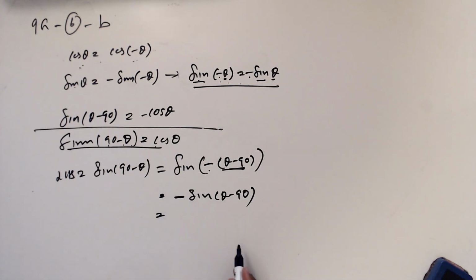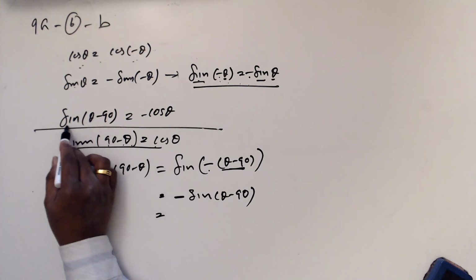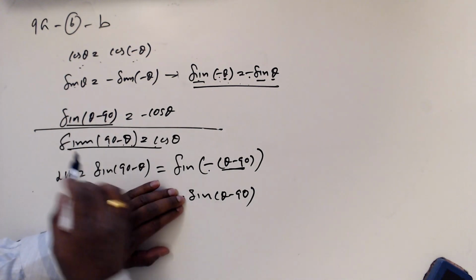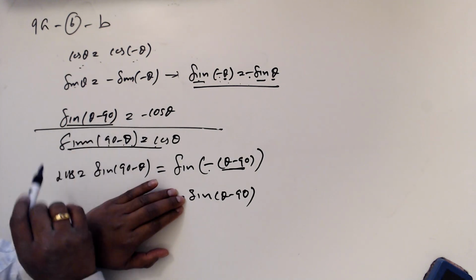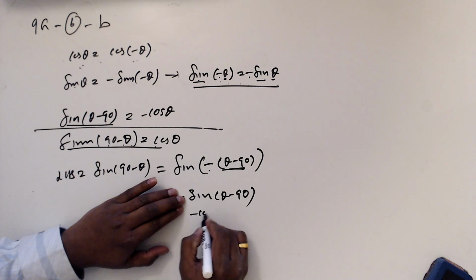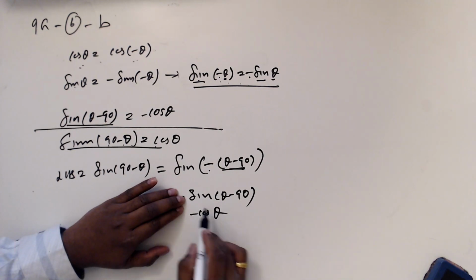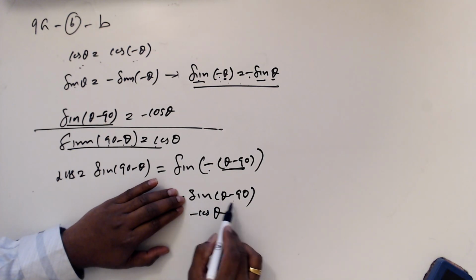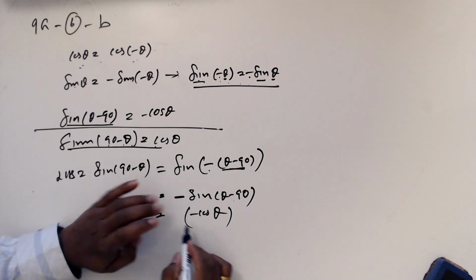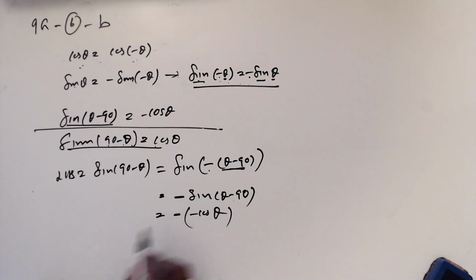Now when I look at this one, sine theta minus 90 is minus cos theta. So I can write minus cos theta here, instead of sine theta minus 90. This minus I leave as it is.